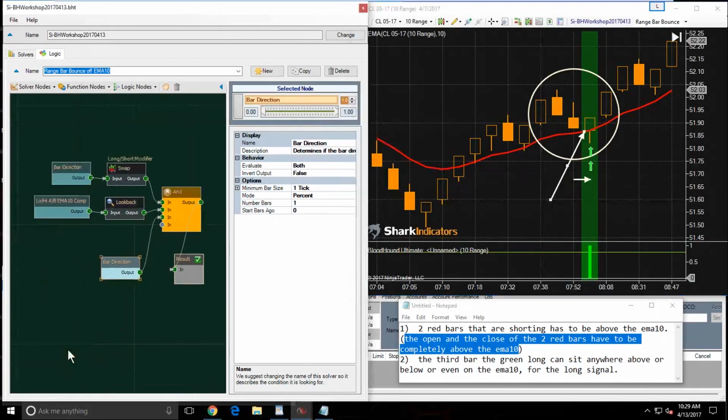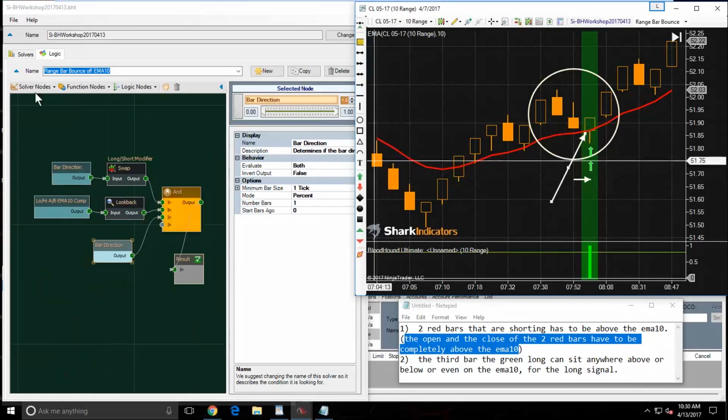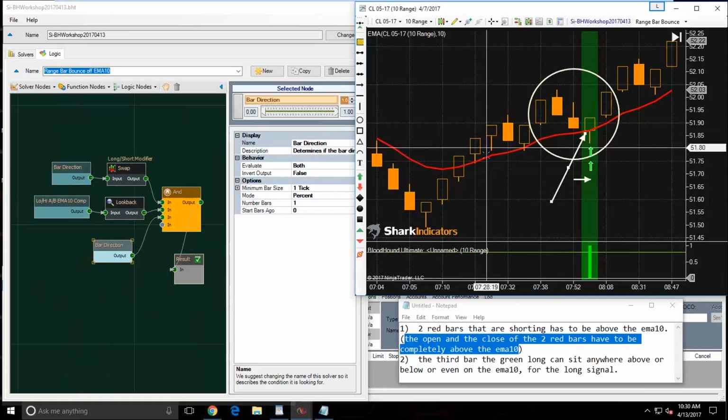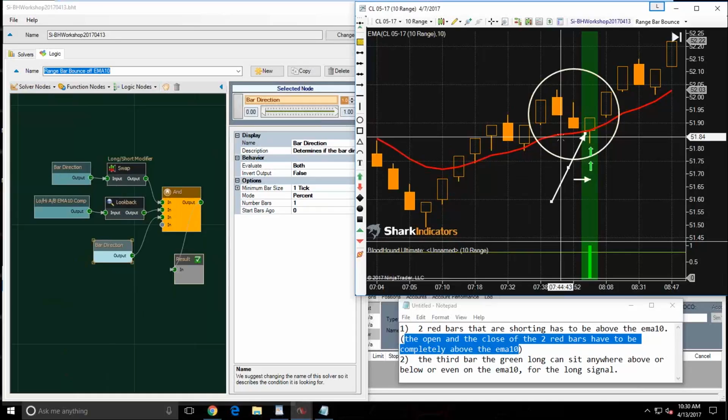The bar direction is going to work, I'd say 99.9% of the time, except for if this reversal bar becomes a doji. It's typically going to be range bars that have this bar direction omission or issue.